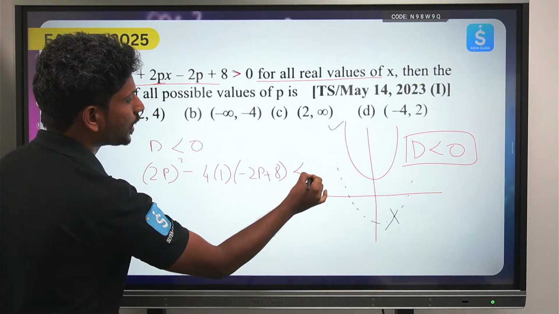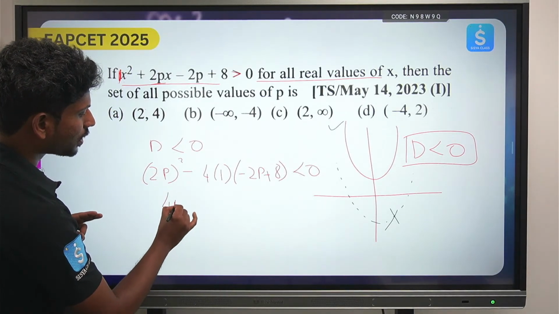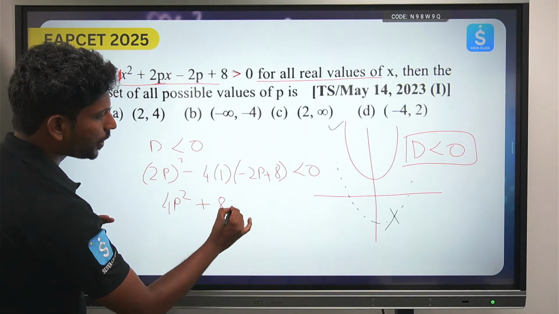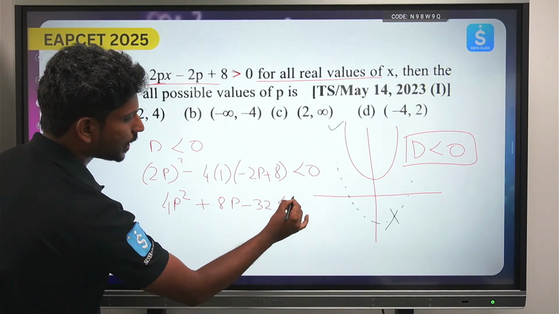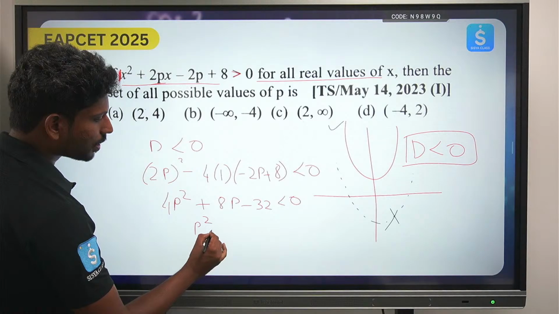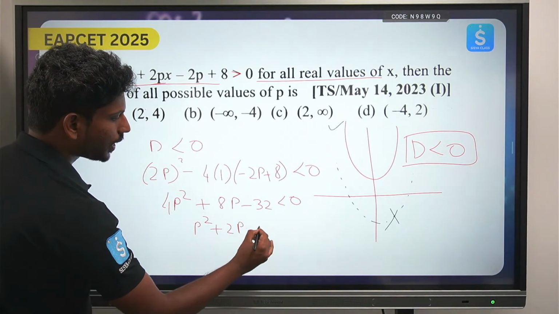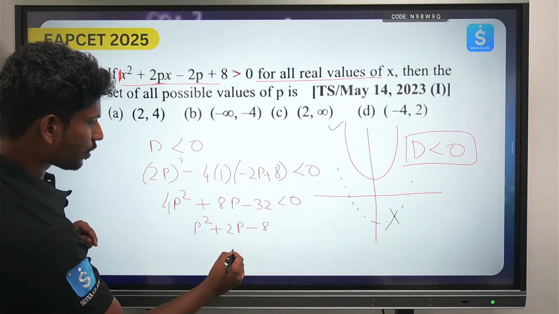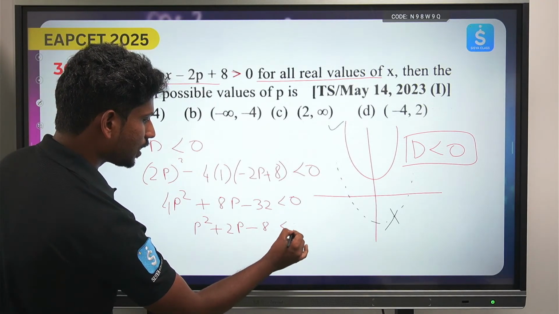This value should be less than 0. So this will become 4p square minus 4, this will become minus of minus plus 8p minus 32, less than 0. Now can we take 4 common, so that will become p square plus 2p minus 8.